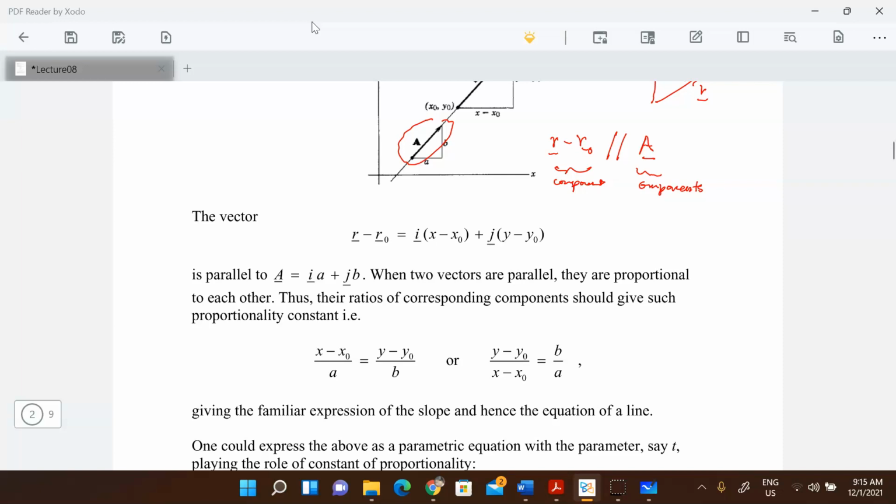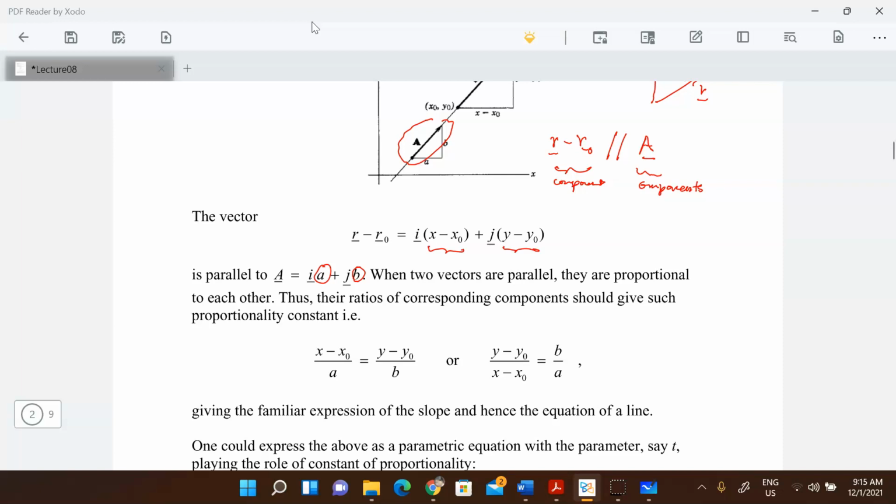I have my A given by these components a and b. So you have to take the ratio between the two. I have x minus x naught, taken the ratio with a, and that should be equal to this component, taken the ratio with your b. That is just from our knowledge about parallel vectors.